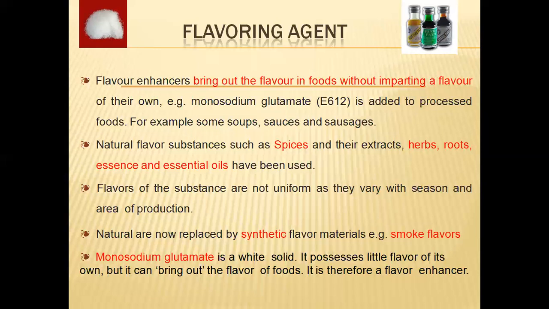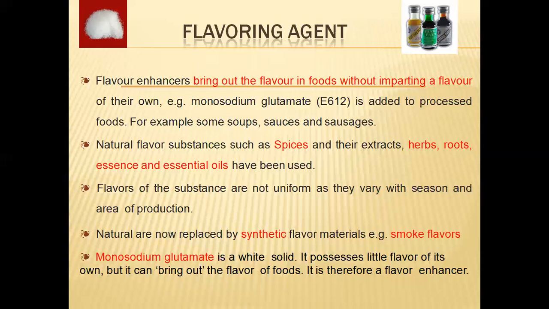Natural flavor substances such as spices and their extracts, herbs, roots, essence, and essential oil have been used also. They are natural, and there are also artificial ones as we already discussed before. Flavors of the substance are not uniform as they vary with the season and area of production.